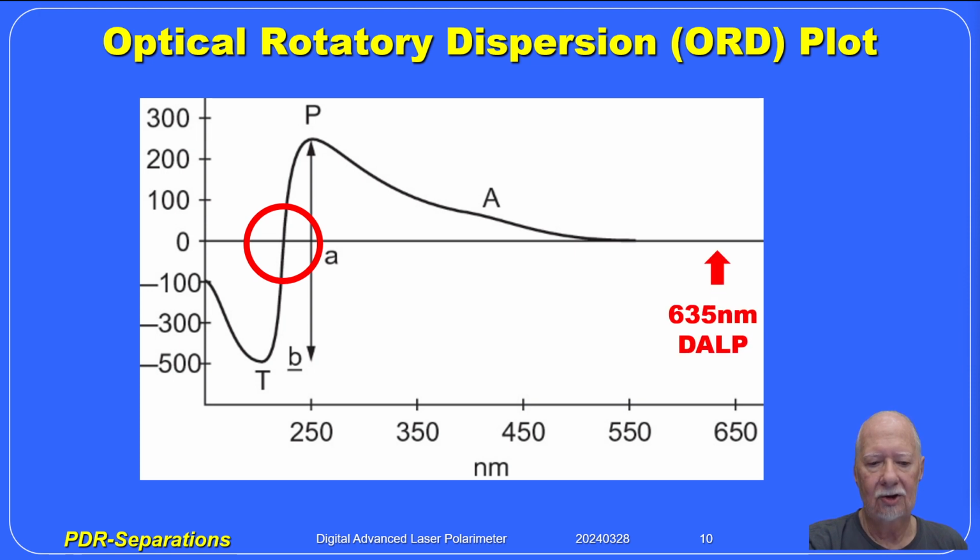DALP uses 635 nanometer lasers where response is very stable and not affected by absorbances or wavelength variations. Some would suggest from an ORD plot that shorter wavelengths have more signal, so should be better, but shorter wavelengths have more noise and many absorbance interferences. Only signal-to-noise ratio matters. Linear amplification is easy.